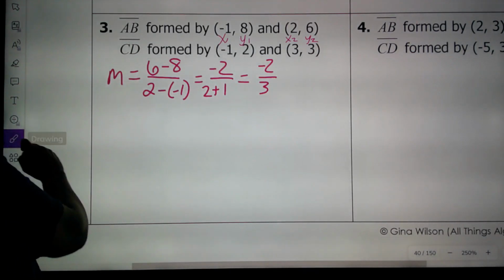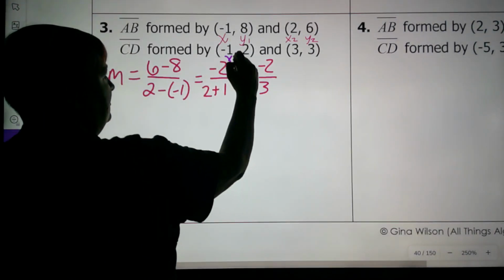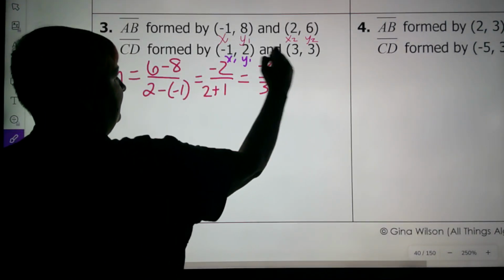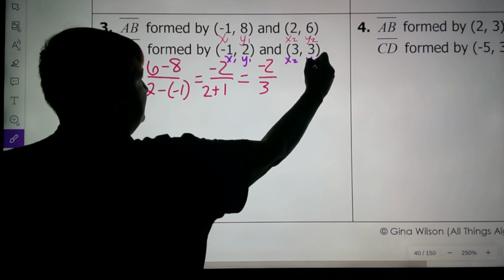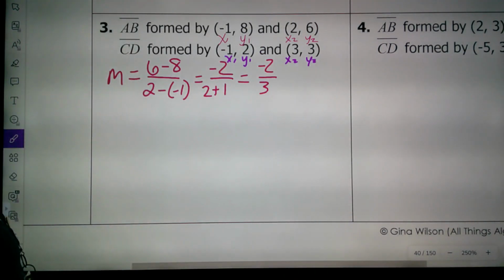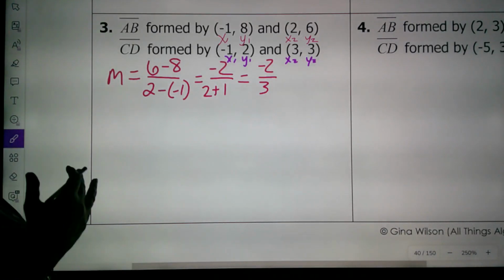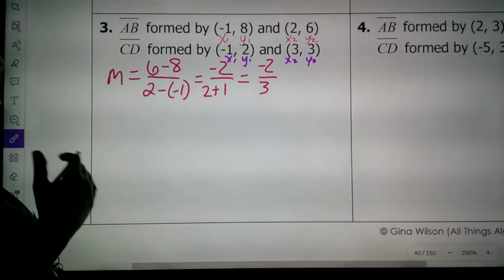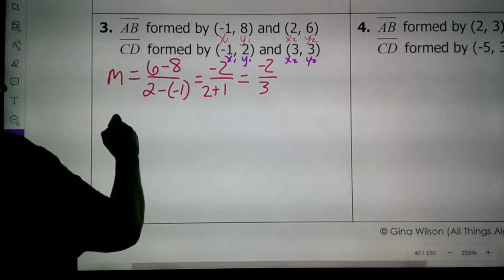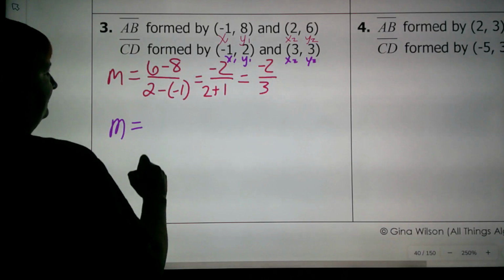And the second one, x1, y1, x2, y2. Even I still label. It keeps track of the information. It makes sure I put it in the right place.